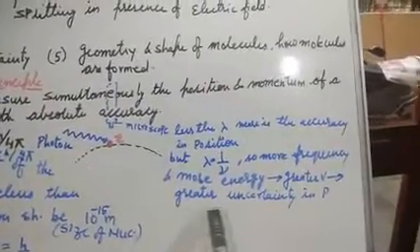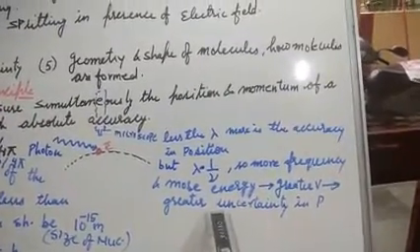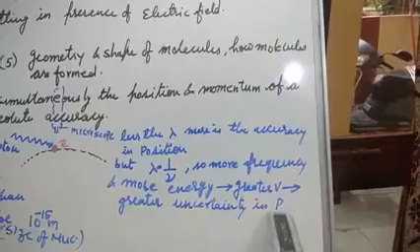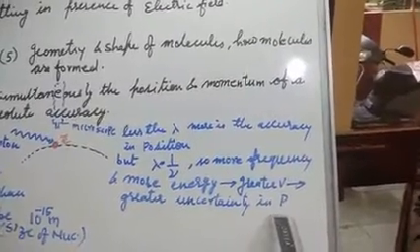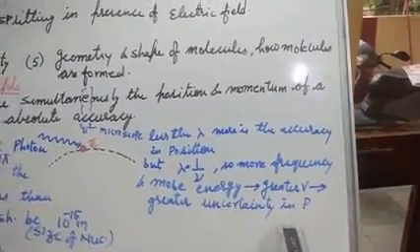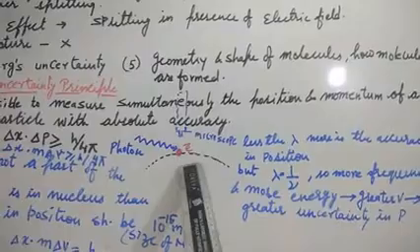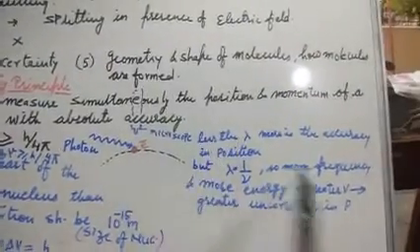That's why we cannot measure the velocity or momentum of the electron accurately. So we will have accuracy in position, but not in velocity, and vice versa.